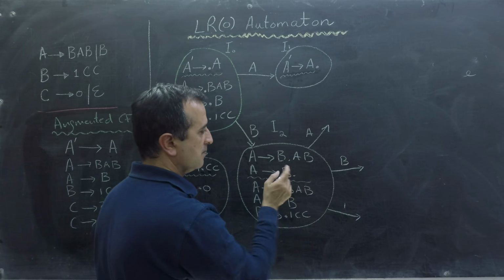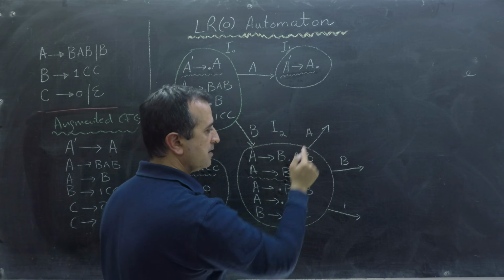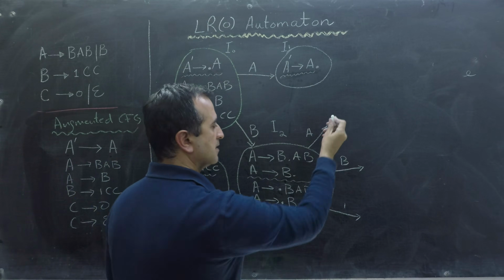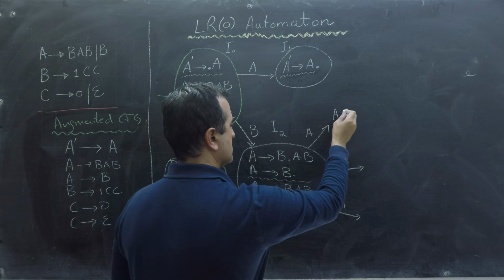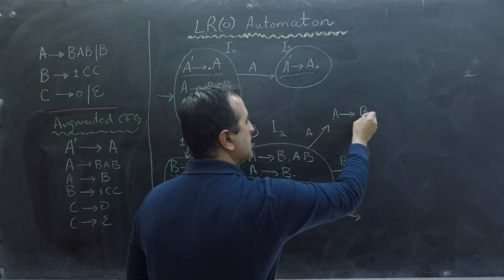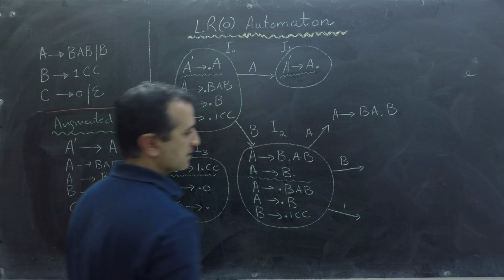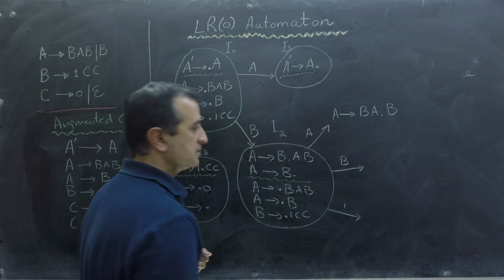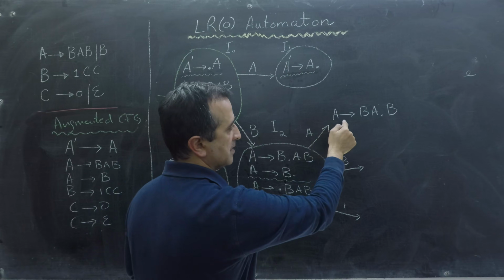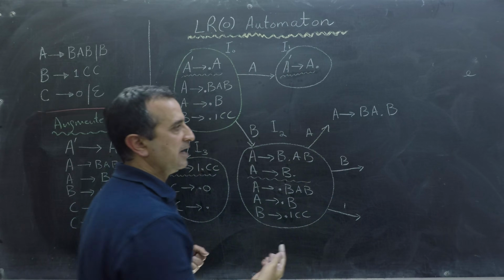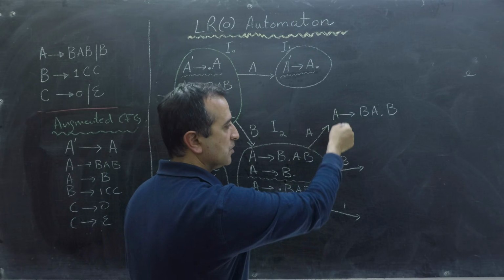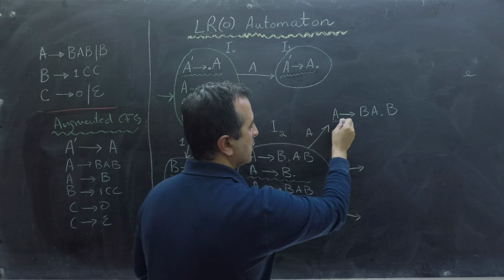So here, when I see A, then my dot will move to the right hand side. I will get A goes to A dot B. And because this item is special, as this item is creating this new state, I have to mark this item.